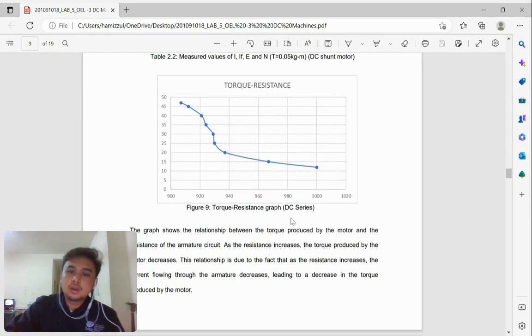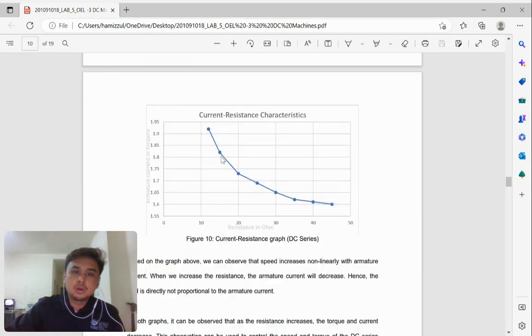As for the DC series torque versus resistance, the graph shows the relationship between the torque produced by the motor and the resistance of the armature circuit. As the resistance increases, the torque produced by the motor decreases, because as the resistance increases, the current flowing through the armature decreases, leading to a decrease in the torque produced by the motor.